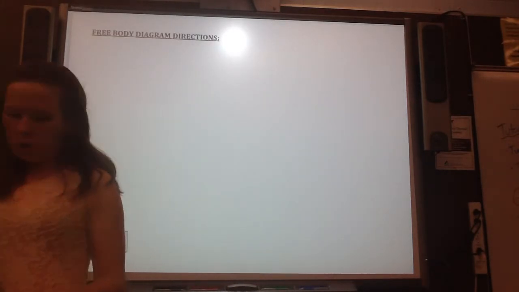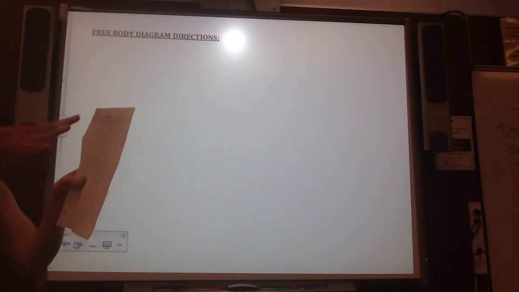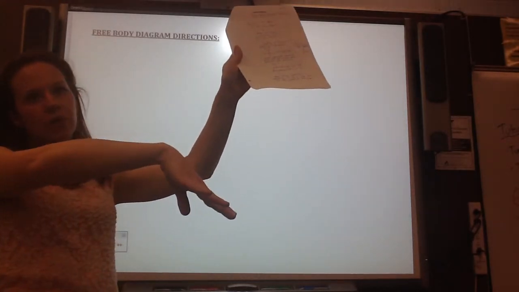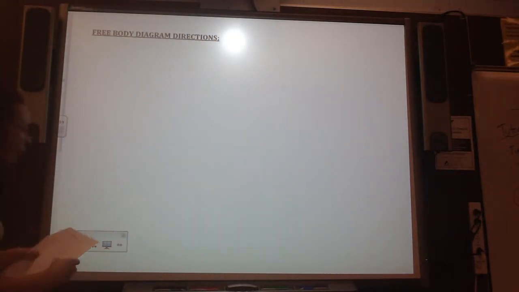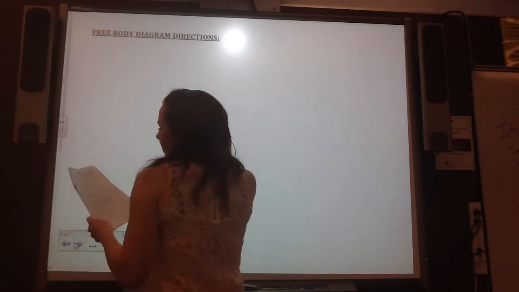Okay, so how do we draw a free body diagram? Well, here are your directions. Basically it's a flow chart, so you can use the whole page to make a flow chart. So this is kind of overall what it will look like, so you can write big-ish if you like to. I know some of you don't write big anyways, but anyways, okay.